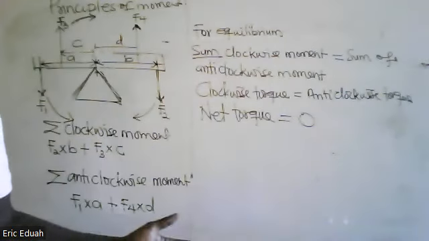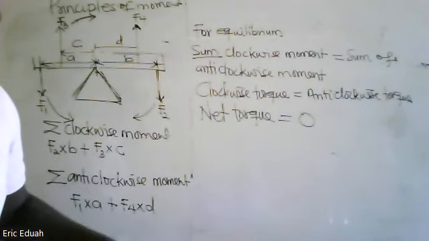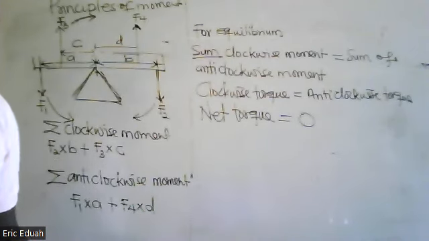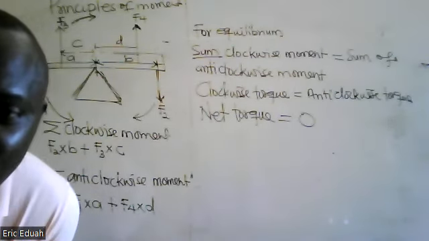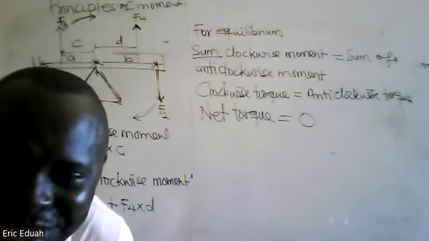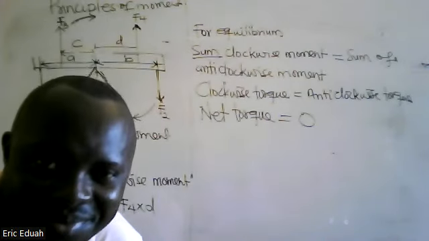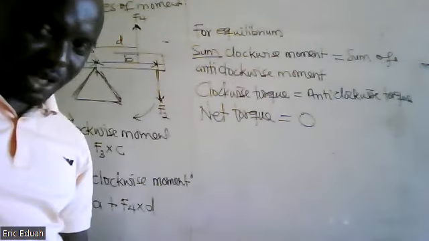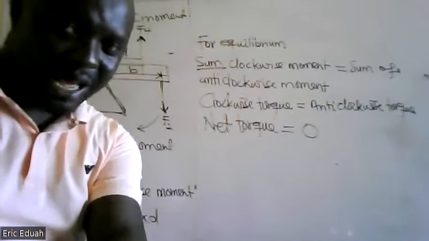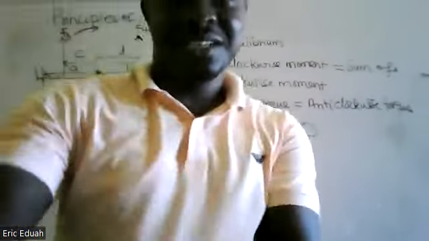Or the net moment around the pivot is equal to zero for equilibrium. So these are the two main principles or laws of moments. Any question? Any question? So this brings the discussion to an end.